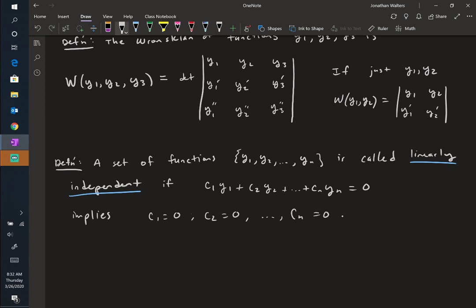That's what we mean by linear independence. The only way to make this linear combination, this equation, true is to have the coefficients all equal 0. Then the functions are called linearly independent.